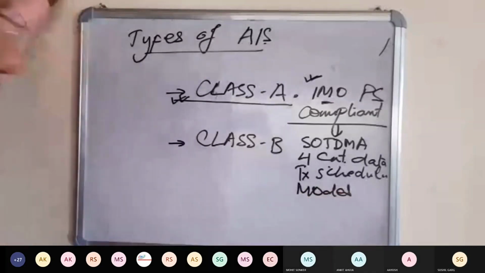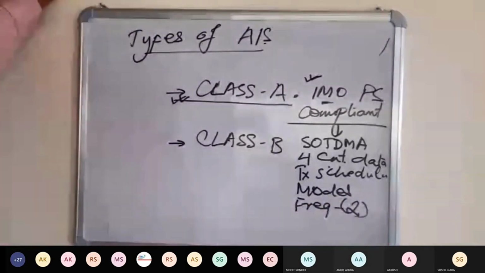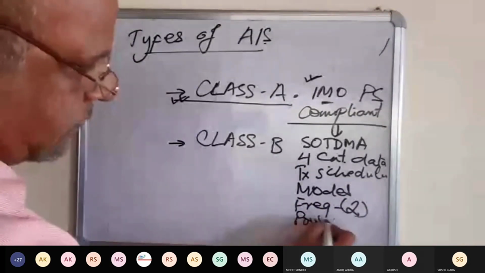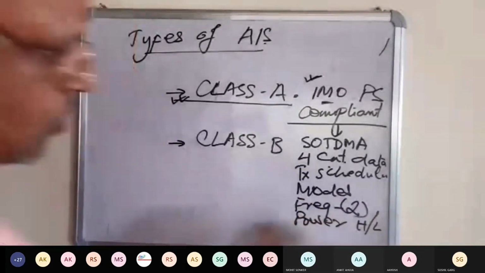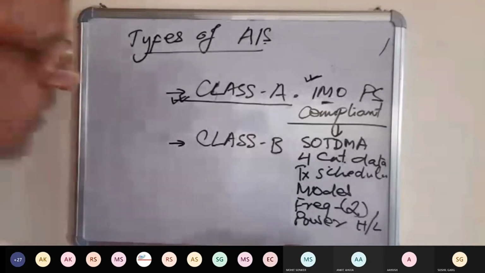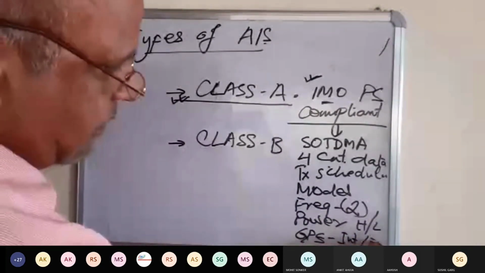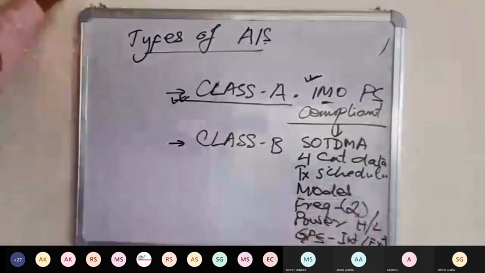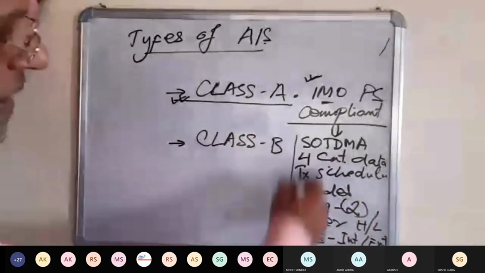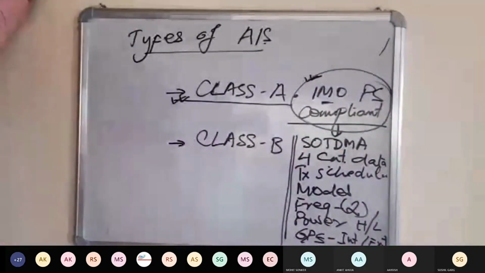Modes of operation, the frequencies, there are 2 types of frequencies, the power, that should be high and low. There are other requirements also, that GPS can be internal or external. All these that we have been studying so far are as per IMO performance standards.